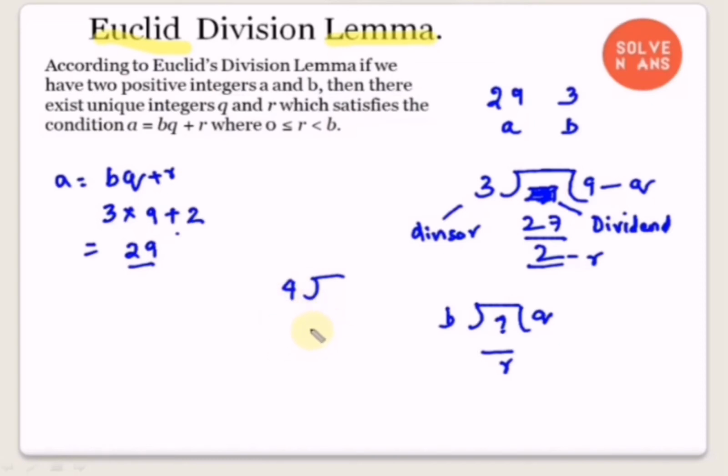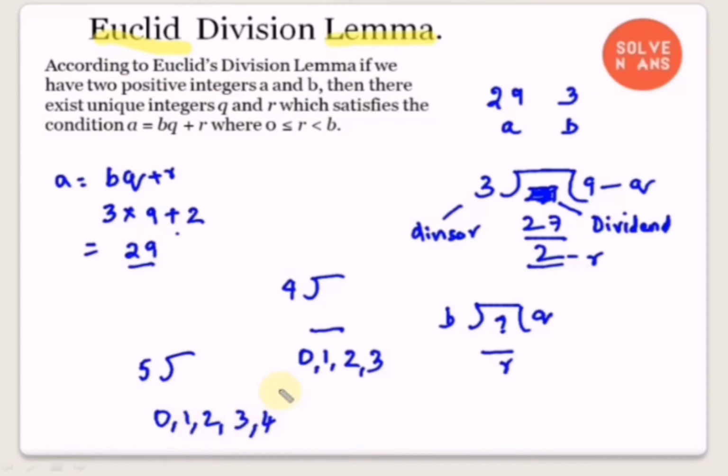So what remainders can I have? 0, 1, 2, 3. I cannot get a remainder 4 here because if I write 4 here, I can continue the division. 4 ones are 4 and then I'll get a 0. Suppose I am having a divisor 5. So the remainders I can expect here are 0, 1, 2, 3, 4.